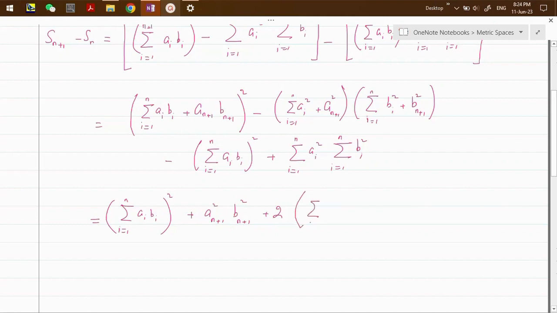multiply by summation i from 1 to n ai bi into a(n+1) b(n+1).